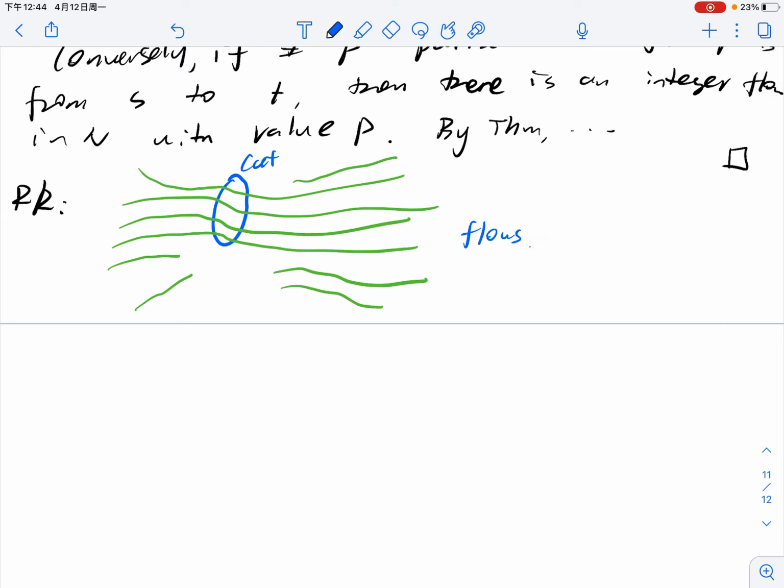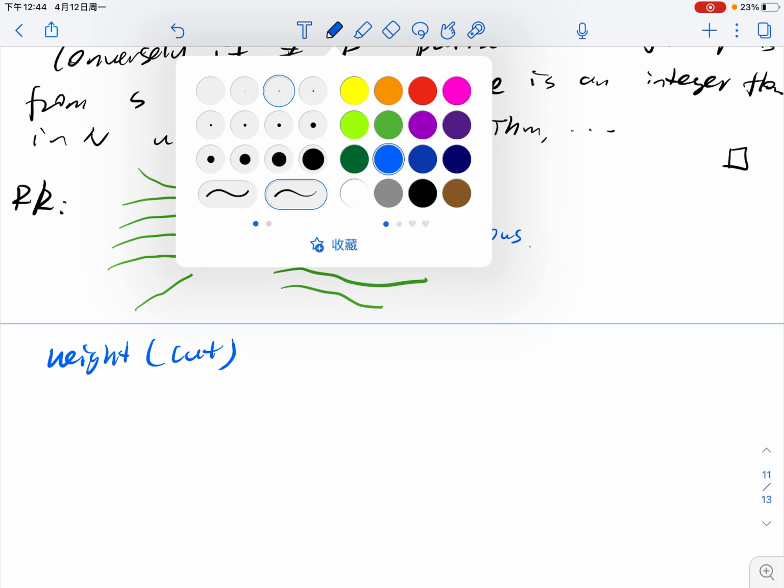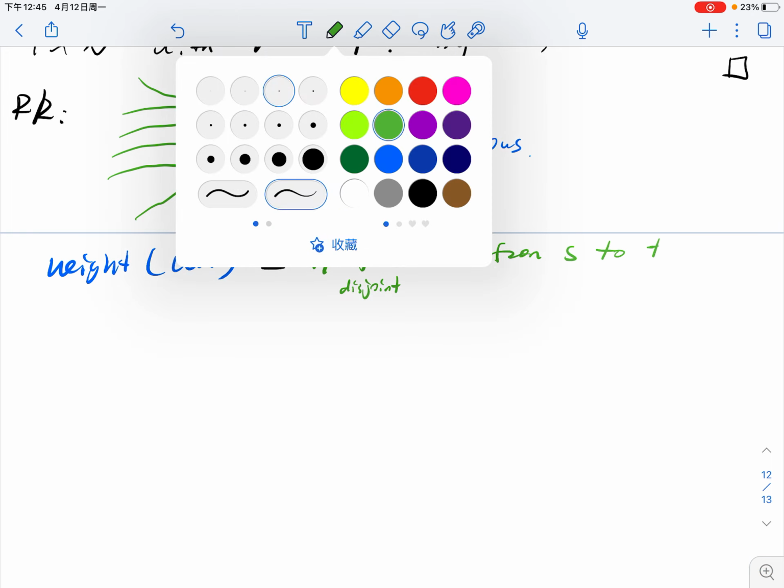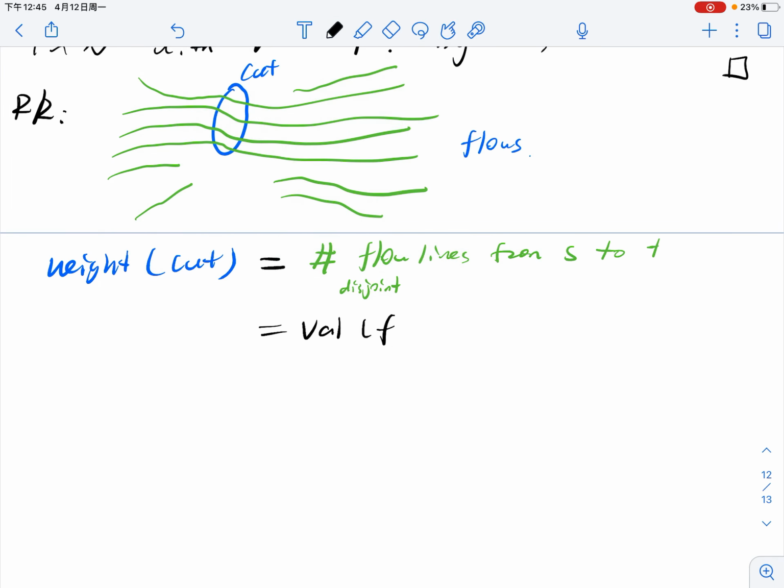So the weight of the cut is the same as the number of flow lines from S to T, or called disjoint, and equals the value of the flow.